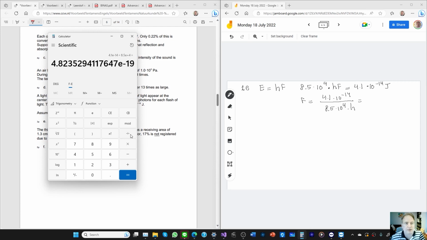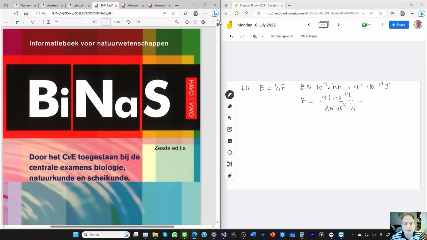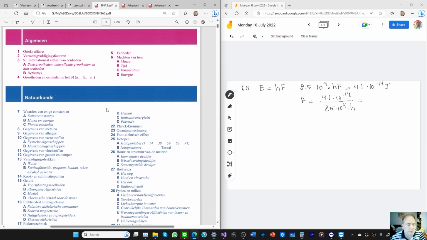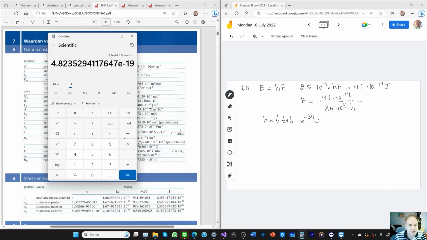And then what's Planck constant? Go to Venus here. And that must be one of the first in the table. I probably should know it, I remember it, but h is 6.626 times 10 to the power minus 34 joule second. So going back to my calculator, I need to divide this by 6.626.